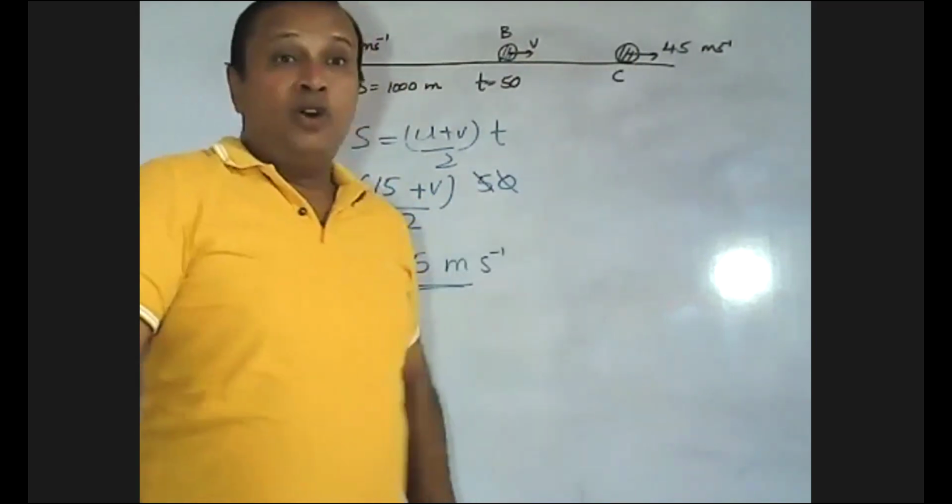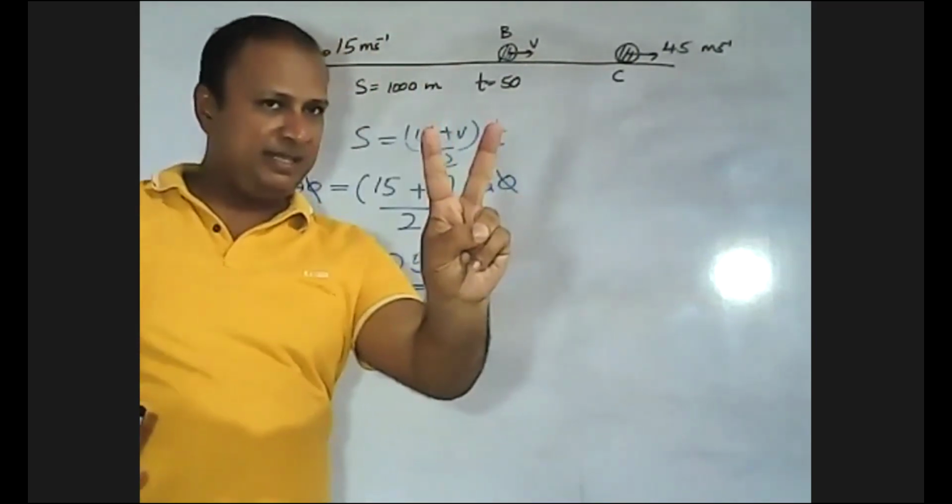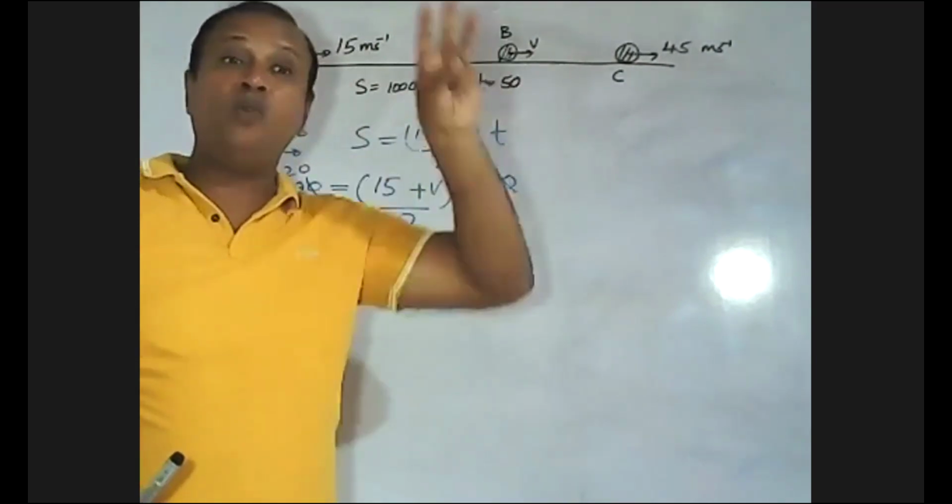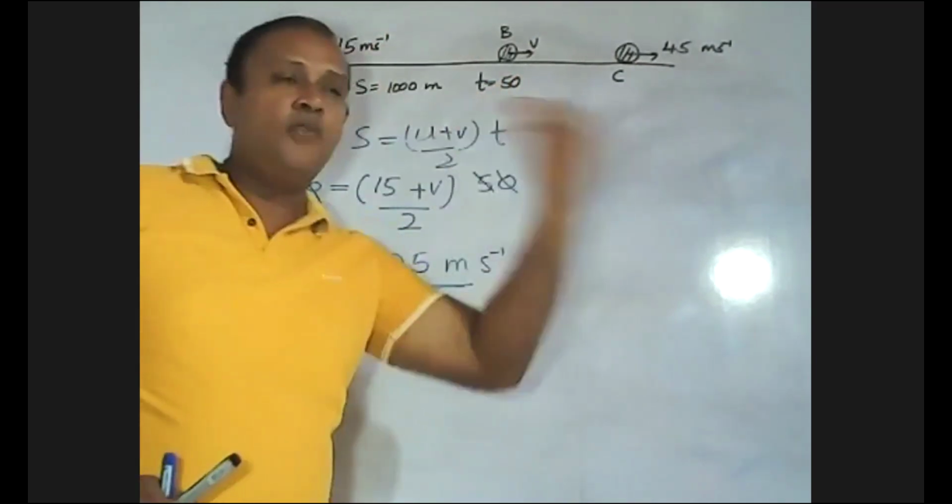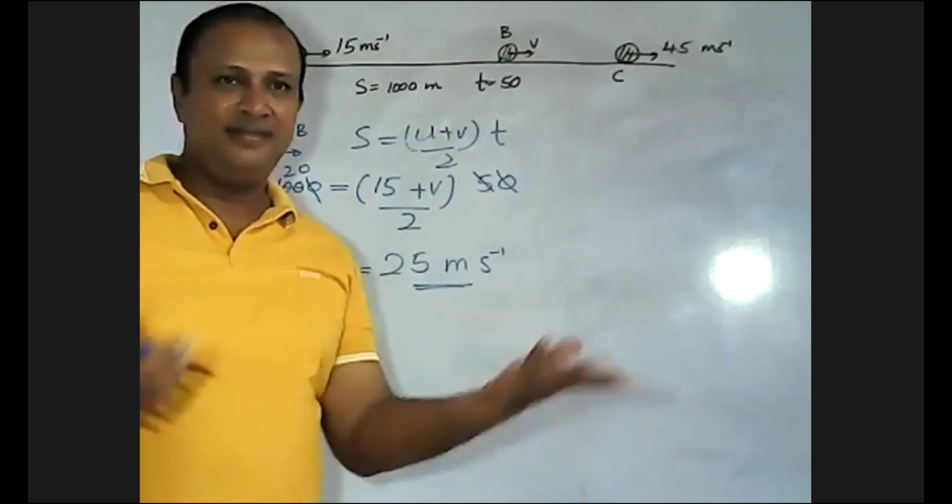So you know two variables, and you need another variable to find the other one.